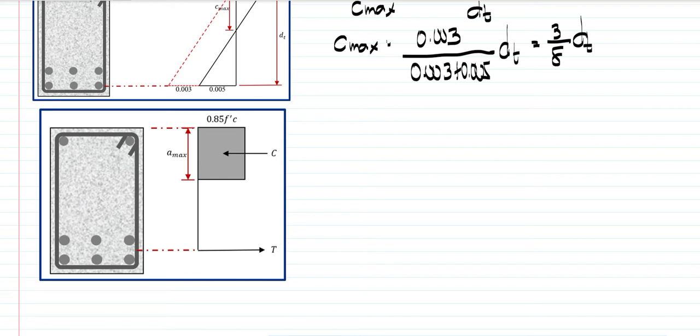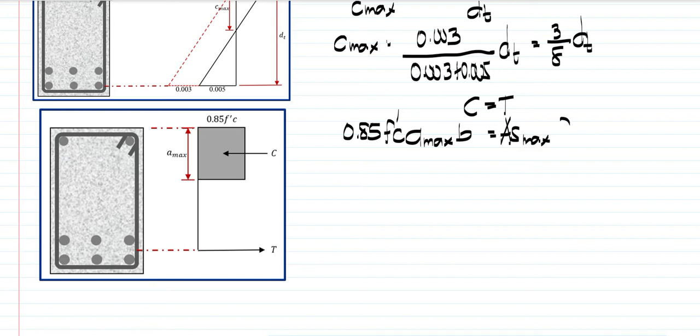So that will be C is equal to T. So that is 0.85 F prime C a max b is equal to As max Fy.